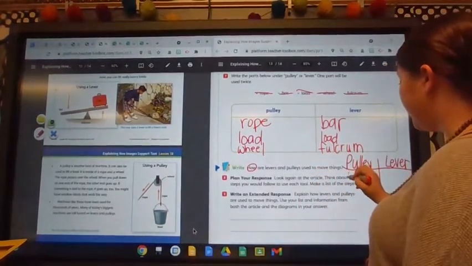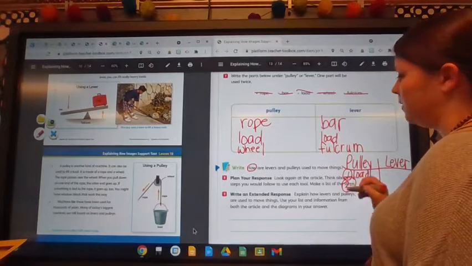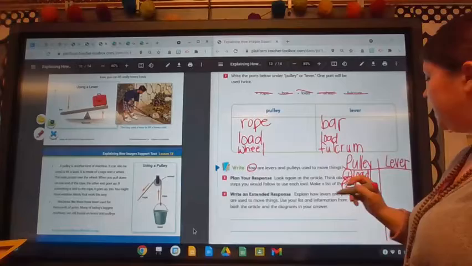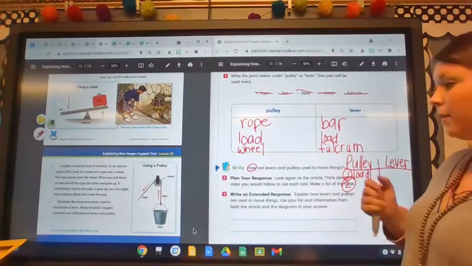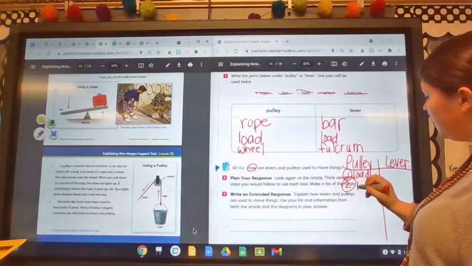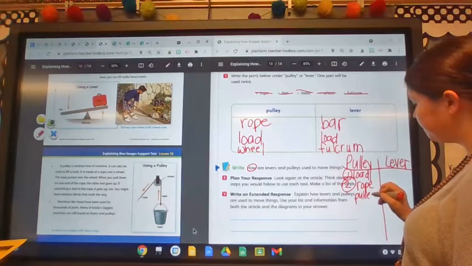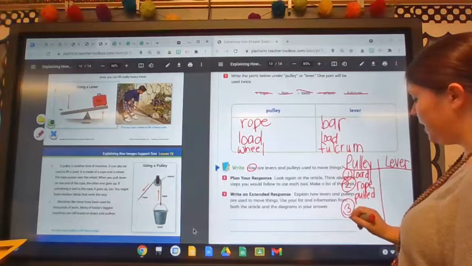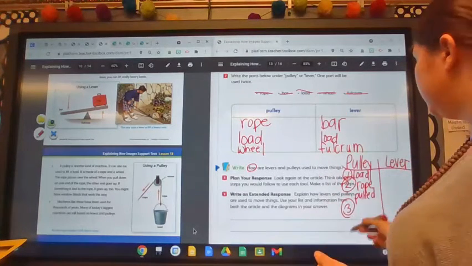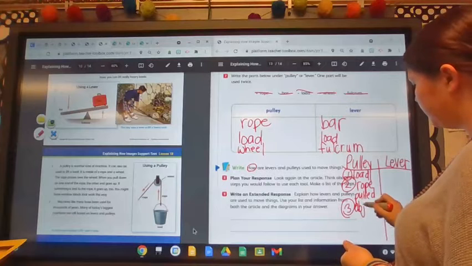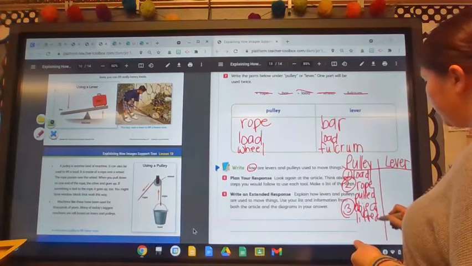Well, I need to have a load that needs to be lifted. The rope needs to be pulled. And then when the rope is pulled, the object is lifted. All right, now let's look at the lever.